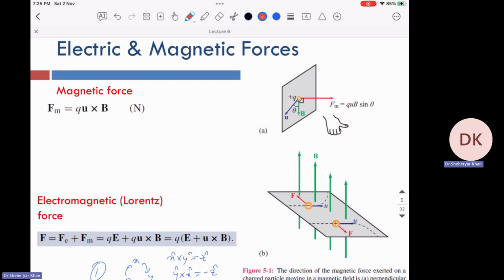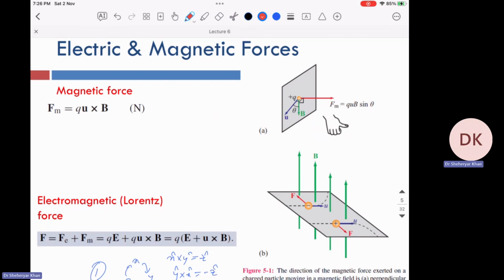And that force is perpendicular to B and U. For example, if I place a magnet here, north and south pole, and I place the conductor here in this direction, such that B and U are perpendicular, my force would be either upward or downward, depending upon the direction of current. Correct?